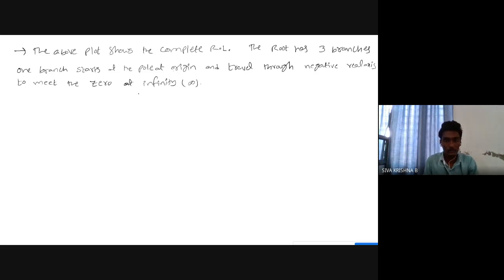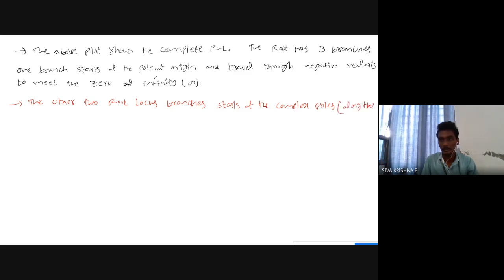So there are two other branches. The other 2 root locus branches start at the complex poles, that means along the angle of departure.